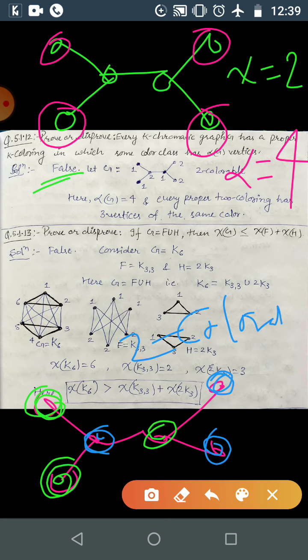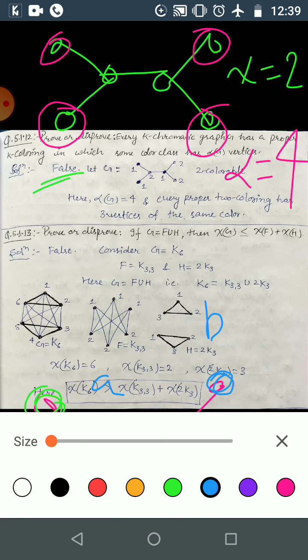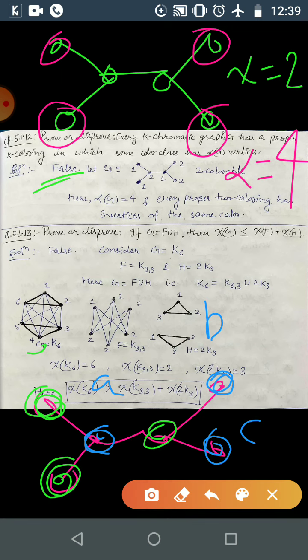Here, how many vertices are in one color class? If you name the vertices A, B, C, D, E, F, then this blue color forms one color class, and all the vertices of green color form the other color class.